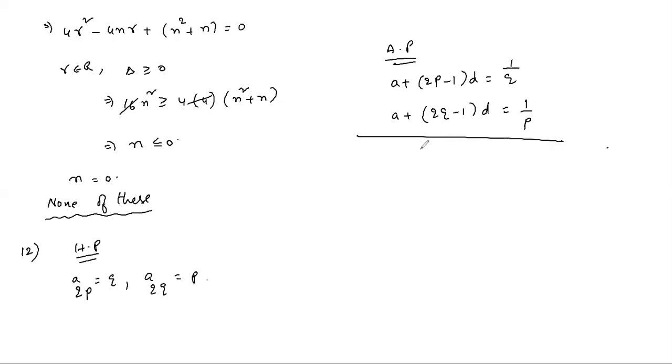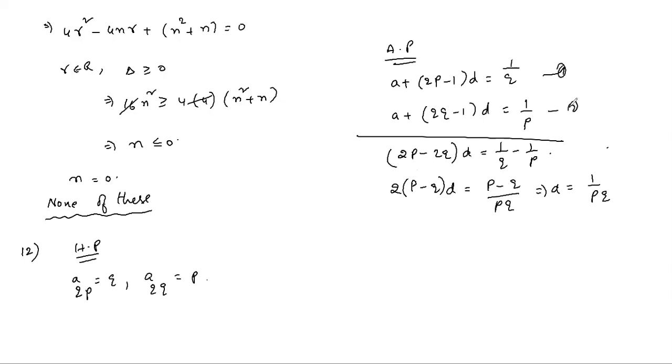So by subtracting, (2p minus 2q) into d equals 1 by q minus 1 by p. Why, the problem may be wrong, only the p plus q term I think. Okay, we will solve this. (p minus q) into 2d equals (p minus q) by pq. d equals 1 by pq.